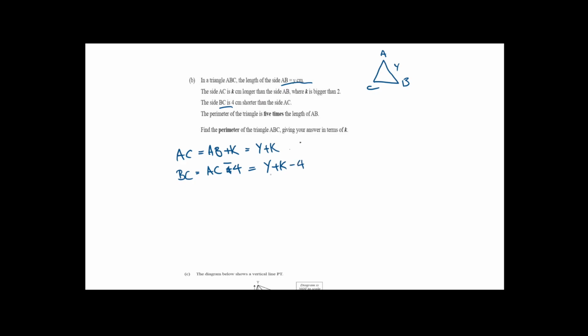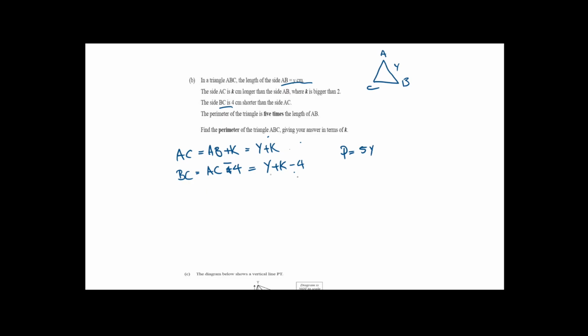I suspect these are what we're going to be looking for. The perimeter of the triangle is 5 times the length of AB. So the perimeter is 5 times AB, and AB is y. Okay. Find the perimeter of the triangle ABC, giving your answer in terms of k.